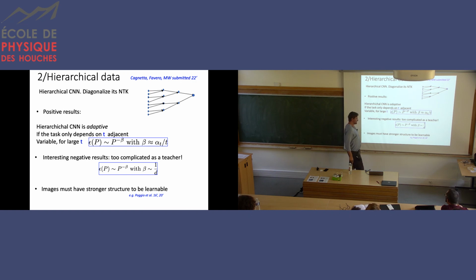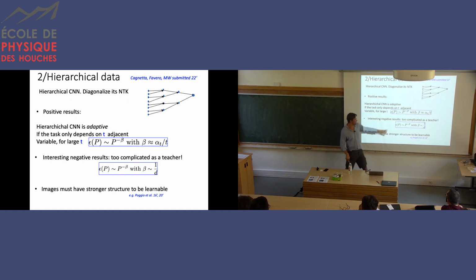So there is also a sort of interesting negative result in this approach, which is what if you were thinking of this not as a student but as a teacher? So you know that if you take random weights in the infinite width limit, you generate a random Gaussian function of known covariance. And it will have some hierarchical structure.